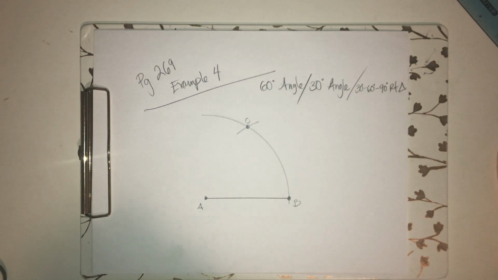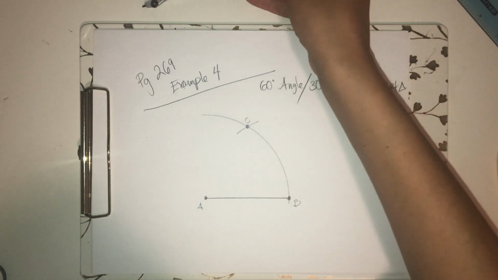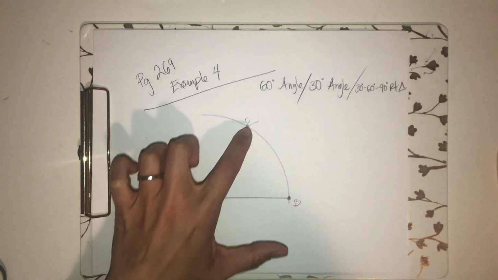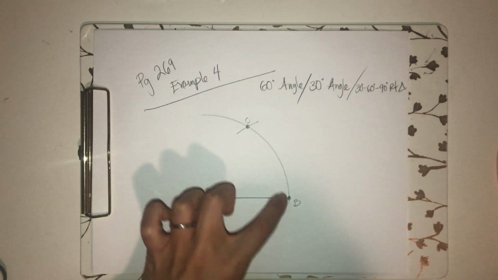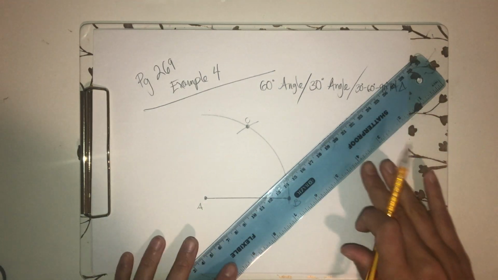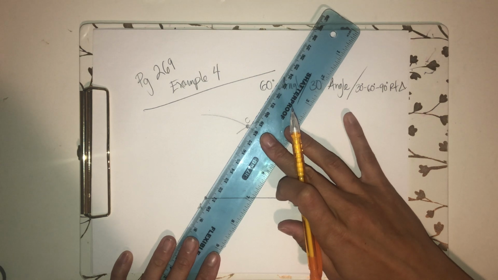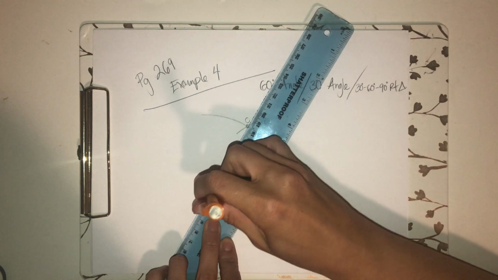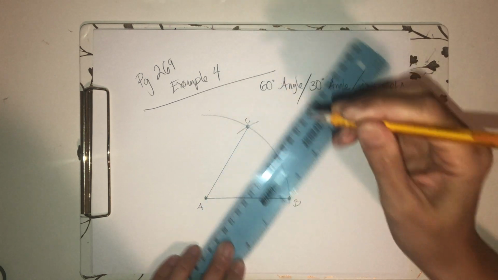And so go ahead and draw a line segment either connecting A to C or B to C, it doesn't matter. But you will be capturing your 60-degree angle.